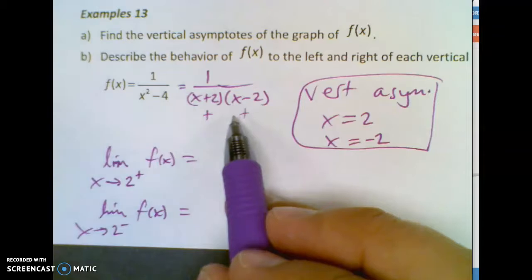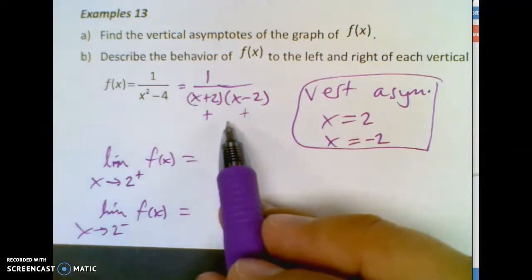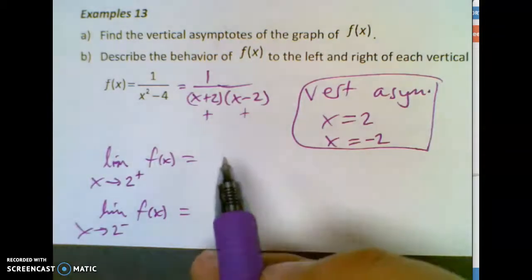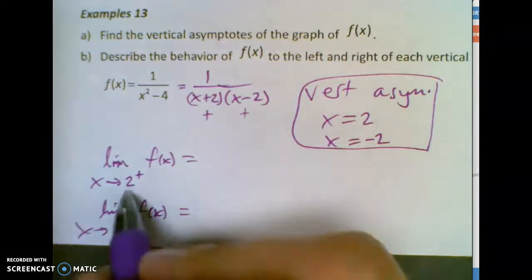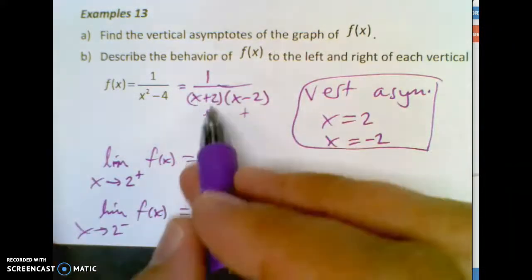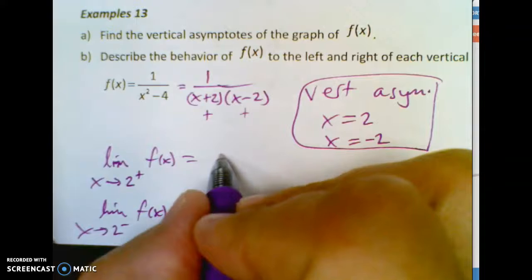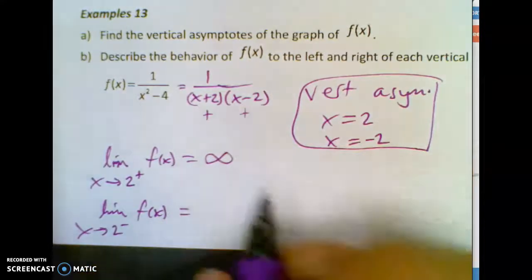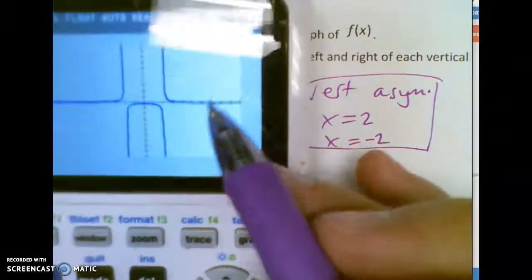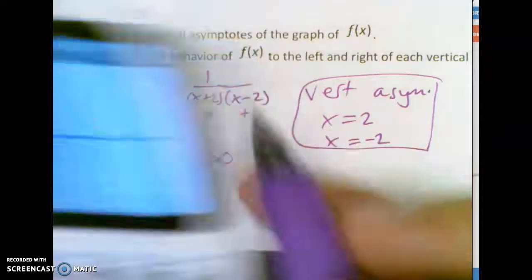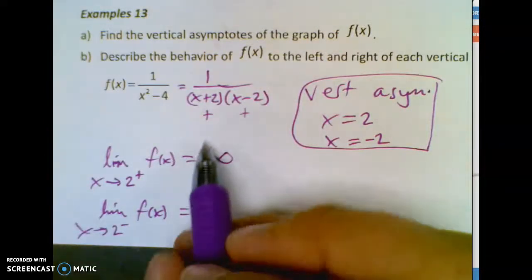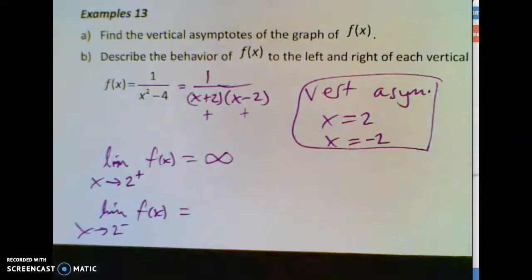I guarantee it's still going to be a vertical asymptote, but it's going to keep it positive. So my guess from the right would be, since it's 1 over a tiny positive number, it goes to positive infinity. Now if I look at the graph and check it, I'm approaching 2 from the right. Guess what it does? It goes crazy upward, but I don't just know it's divided by 0. I know it's going to be a positive number.